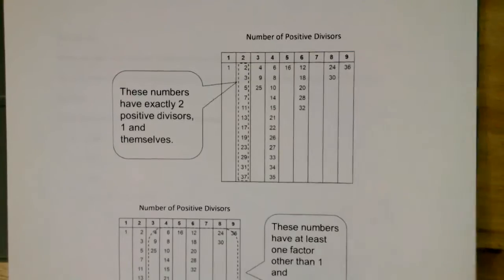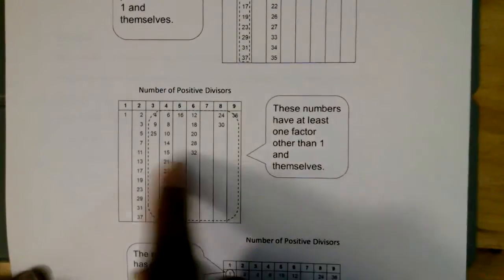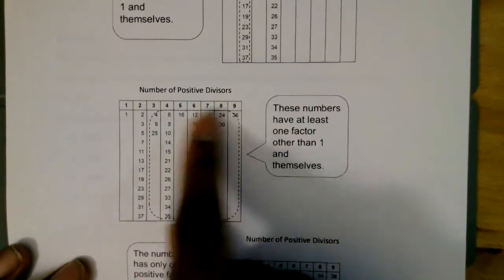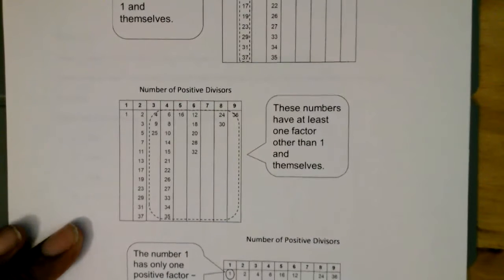And then the one in the middle, from 3 on up to 9, those are the numbers that have at least 1 factor other than 1 and themselves. So they have more than 2 positive divisors.